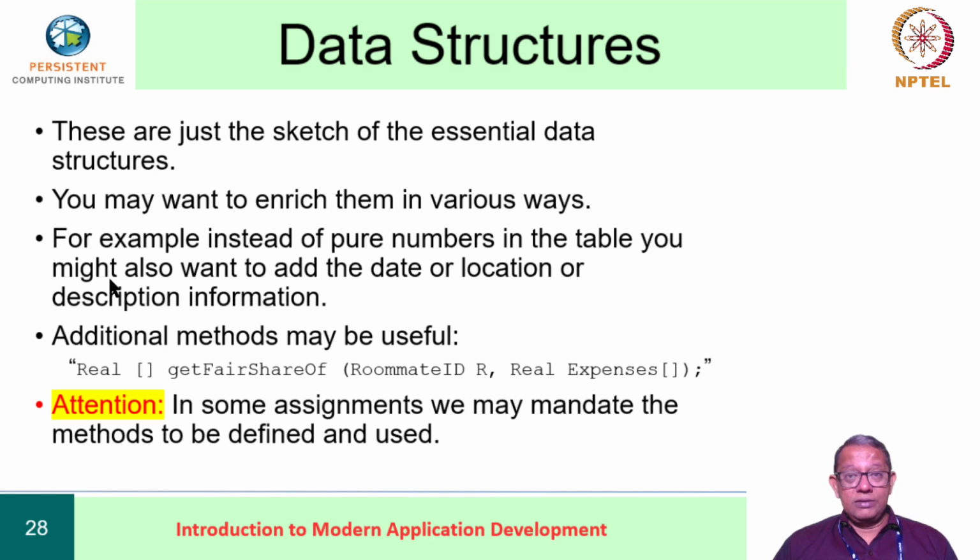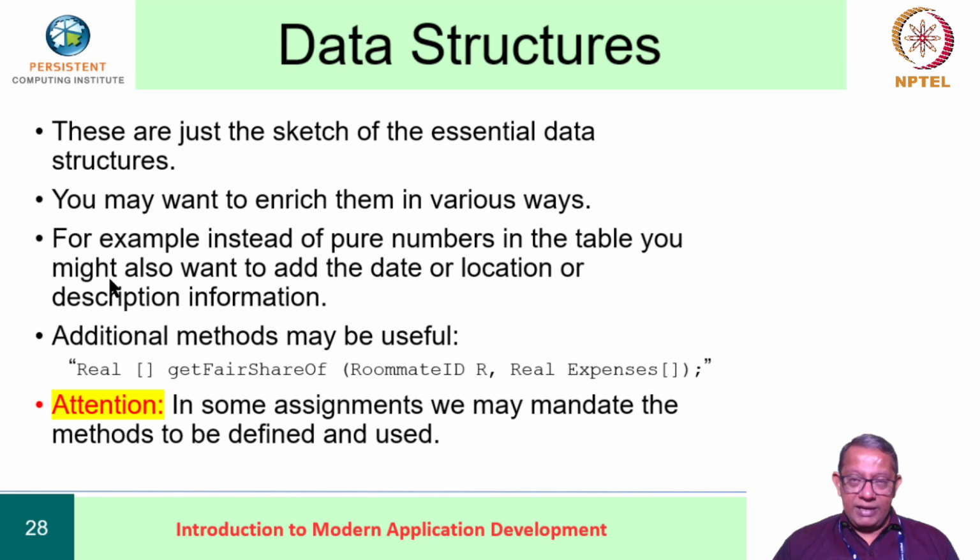We repeat, this is just a sketch of the essential data structures. Depending on the language that you use, you might have to use the correct ways of defining these data structures. Further, you may want to enrich these data structures.